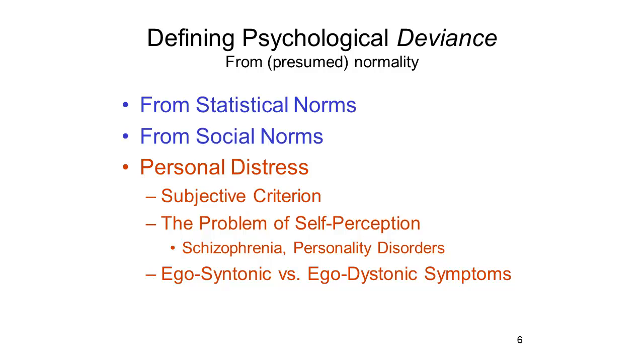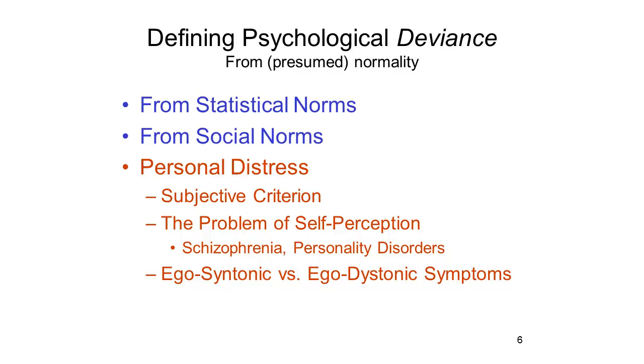In general, we can distinguish between two kinds of symptoms of mental illness, ego-syntonic and ego-dystonic. Ego-dystonic symptoms are perceived by the patient him or herself as abnormal, as unusual, as unwanted. They're the kinds of symptoms that lead people to seek help for themselves. But ego-syntonic symptoms are not perceived that way at all.